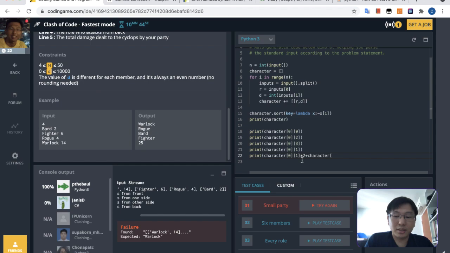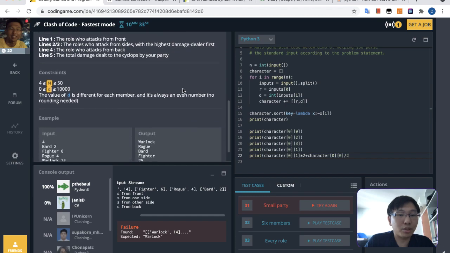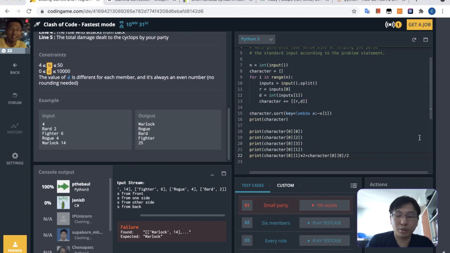So the one that gets half damage is the one at the front, so it's character[0][0] divided by 2. Half damage is always an even number, so very good, no rounding needed. Oh, I realized something, this is wrong.